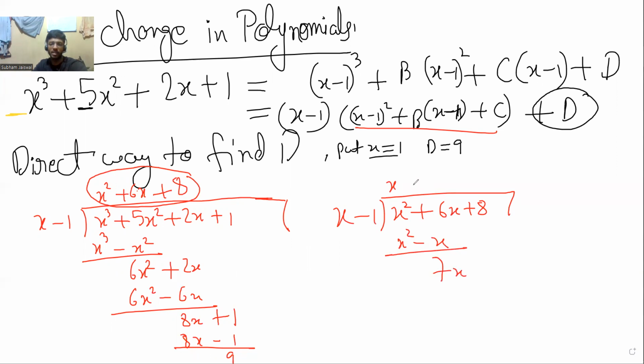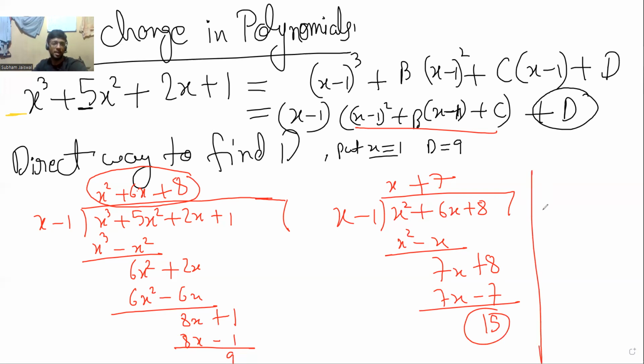So you get 7x. What do you do here? You do 7x minus 7, 15. 15 is your C. x plus 1 is the quotient. You divide that again by x minus 1 and that will give you the B. I know the answer, but still just writing it. 1.